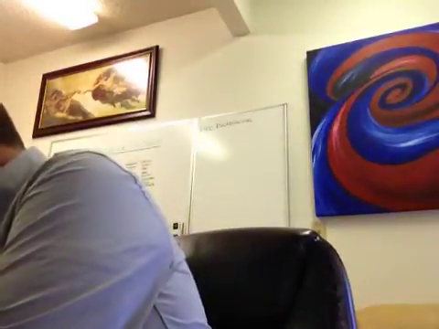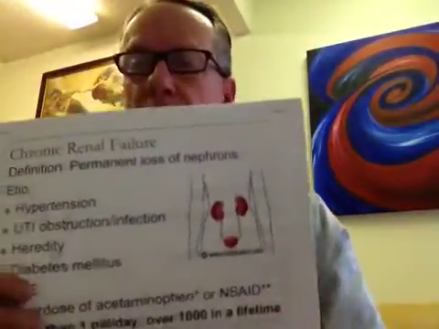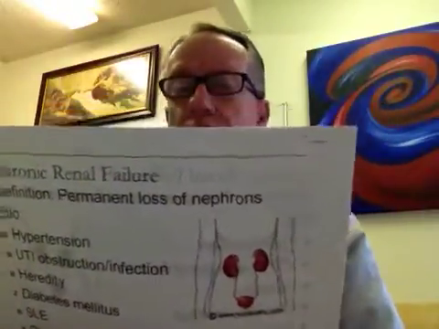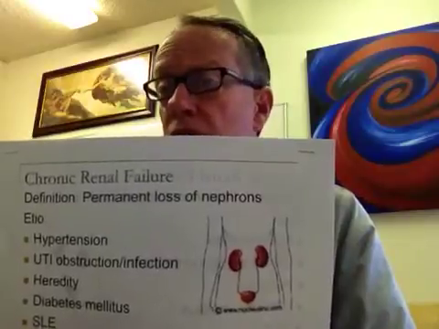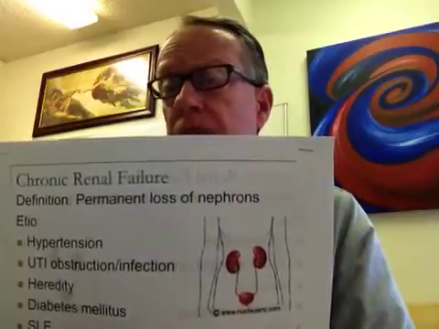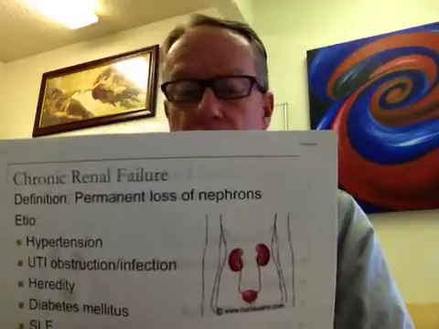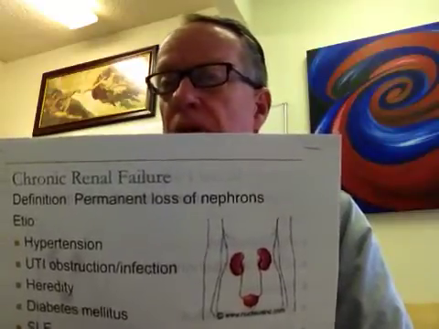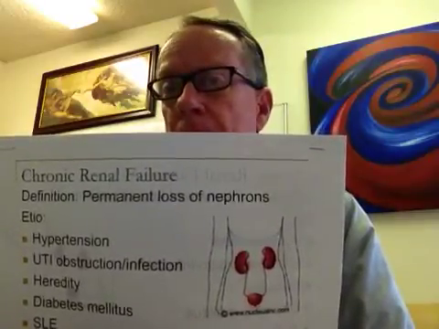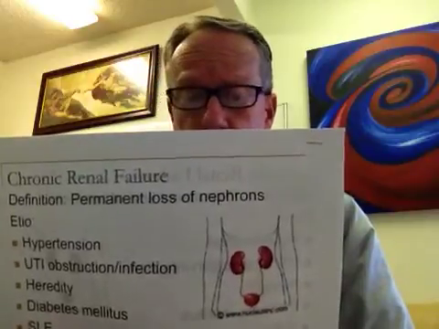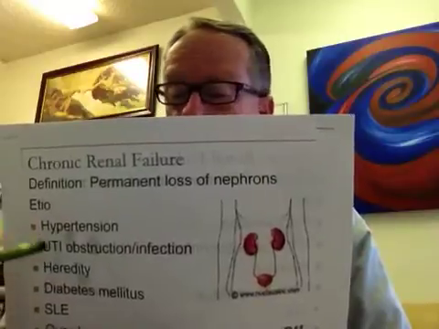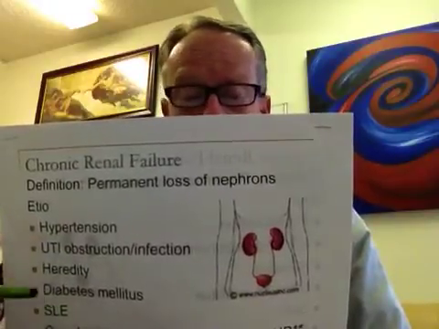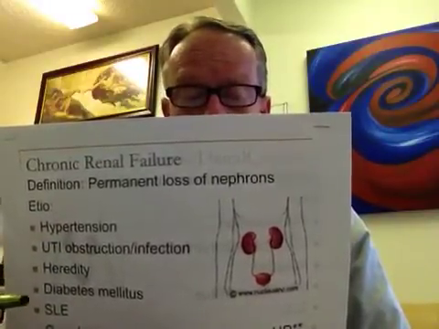Kidney failure results from permanent loss of nephrons. The etiology is hypertension. We dealt with hypertension specific to the liver as a result of cirrhosis. It can be from atherosclerosis, it is a possibility. Could be from obstruction. Could be that people that come from your lineage have this, and so it's inherited.